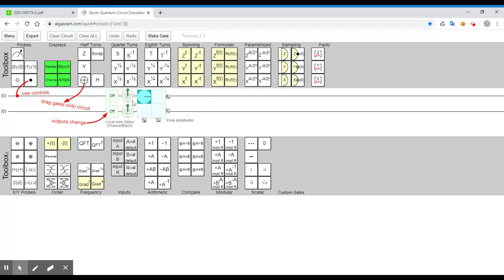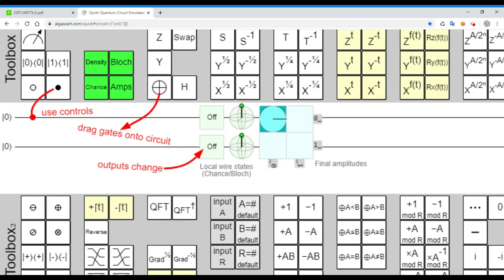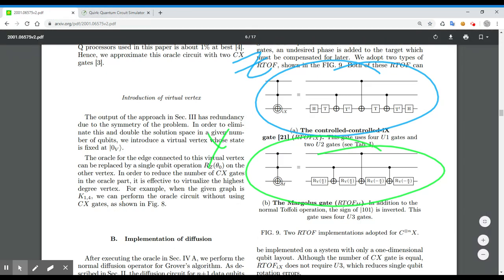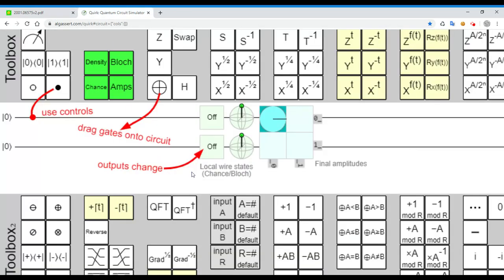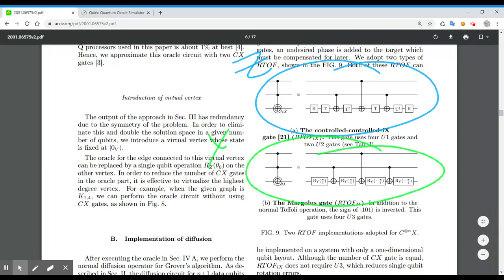With Quirk, I would say we can try, but I think the Bloch spheres are a little bit too small, but we could try if I zoom in. So if I zoom in, we'll take a look at the Bloch sphere here, the one at the target.